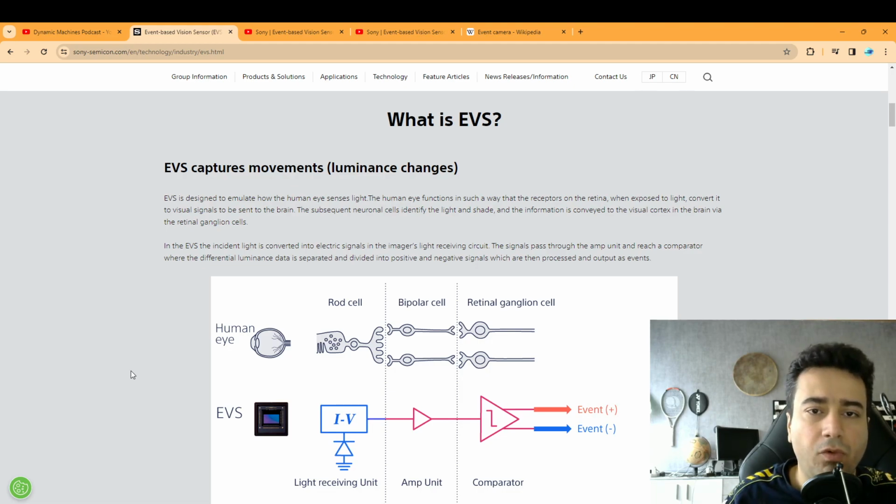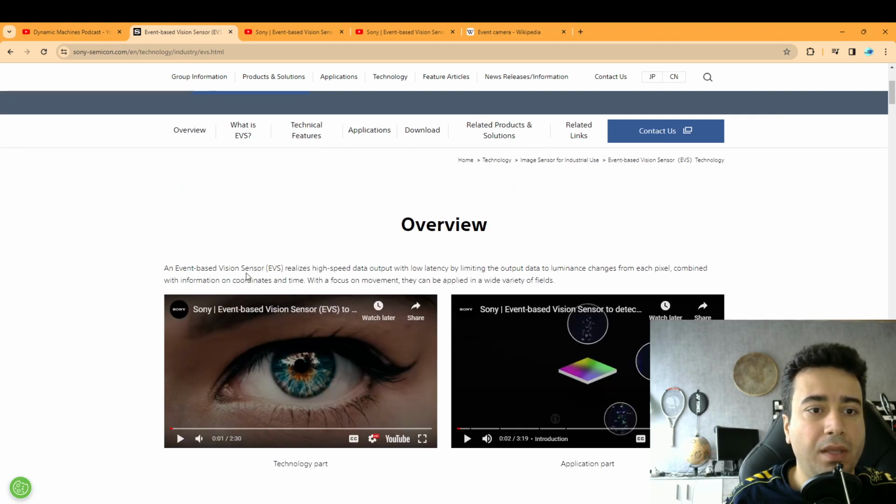EVS stands for event-based vision sensors, and basically realizes high-speed data output with low latency by limiting the output data to luminance changes from each pixel combined with information on coordinate and time.